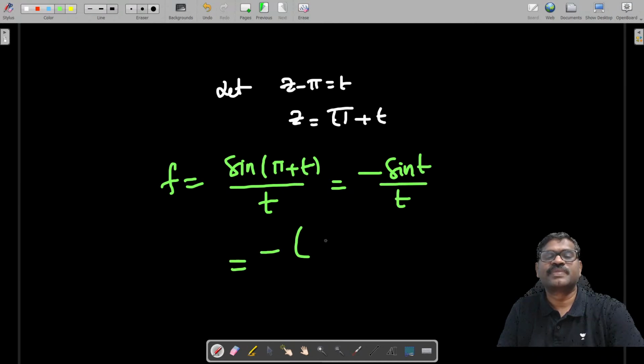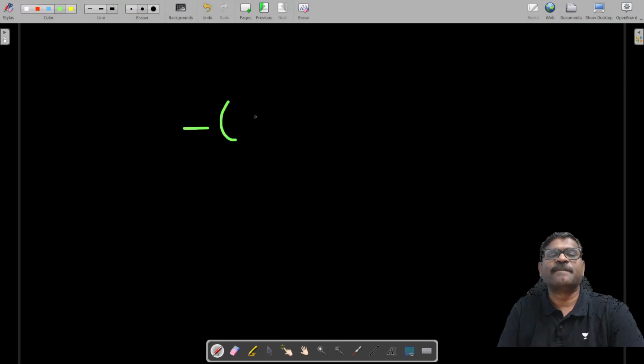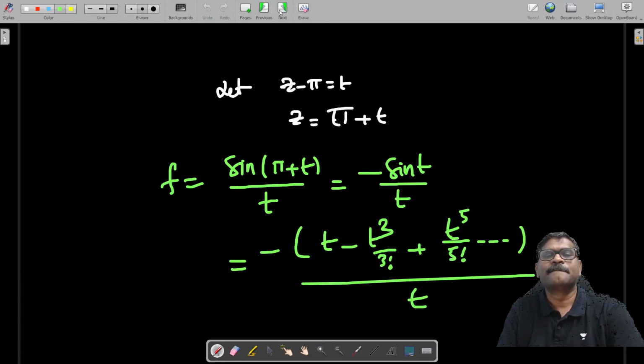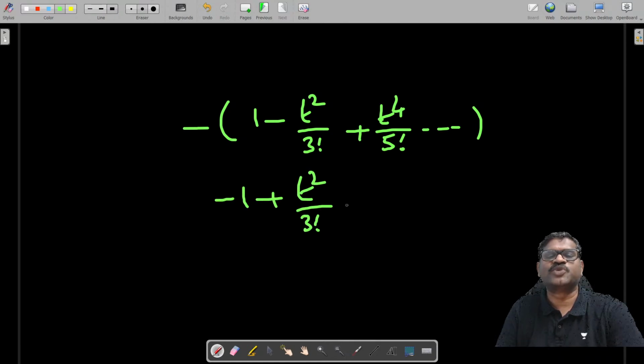That is minus of (t minus t cube by 3 factorial plus t power 5 by 5 factorial and so on) by t. That is minus of (1 minus t square by 3 factorial plus t power 4 by 5 factorial and so on), which is minus 1 plus t square by 3 factorial minus t power 4 by 5 factorial. T is nothing but z minus pi.